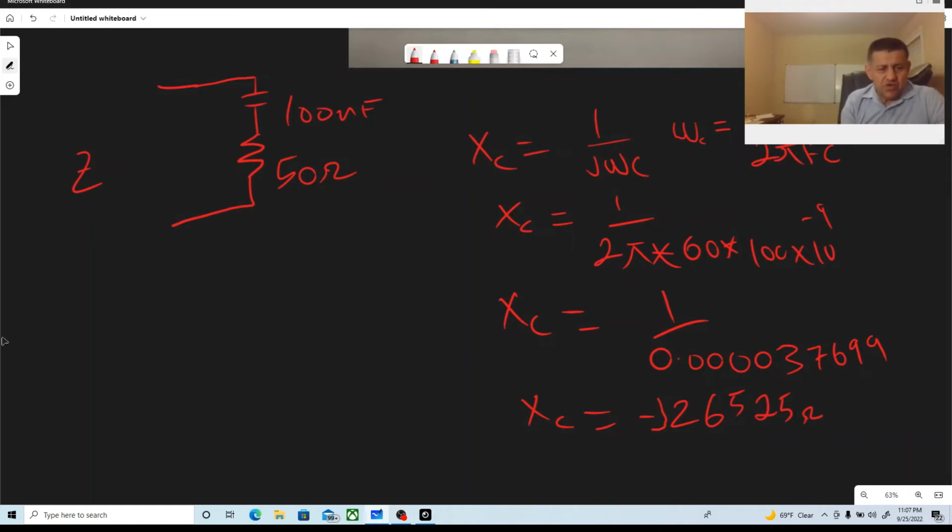So the answer, the Z value for this is nothing but 50, because that 50 ohms right there is in series.